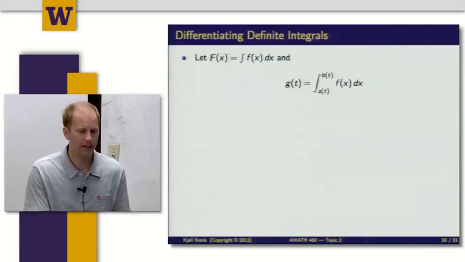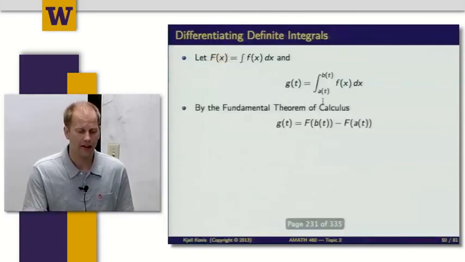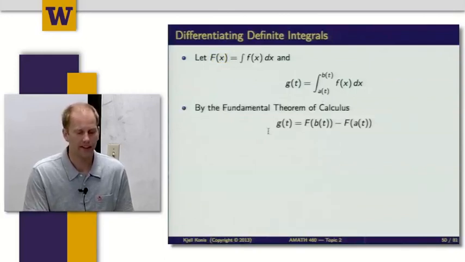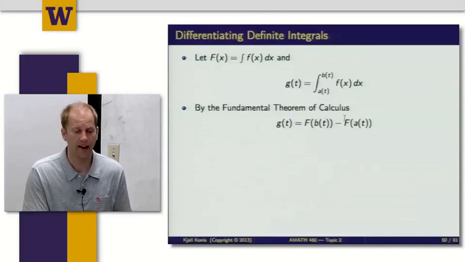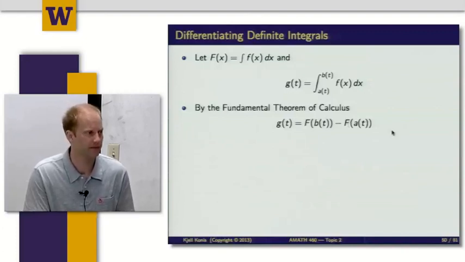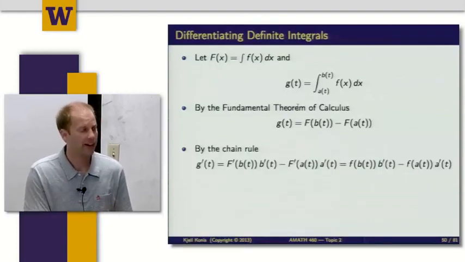If I wanted to just evaluate this integral, what I would do is find an antiderivative of my function, and then by the fundamental theorem of calculus, I could evaluate this integral. It's just going to be the antiderivative evaluated at the top endpoint and the antiderivative evaluated at the bottom endpoint. Now if I take the derivative of this, all I have here is a function of a function, so I can take the derivative using the chain rule.